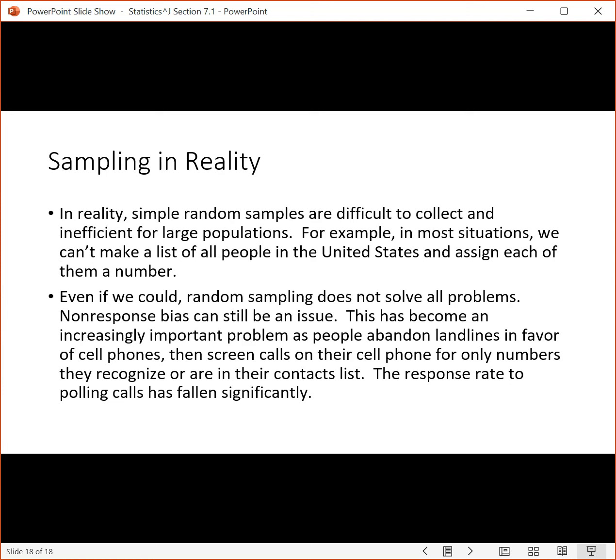Now, the problem is that when you go to contact them in order to get the information from them, if only some of them respond, then suddenly you've got non-response bias that gets in the way of your survey's effectiveness, right? And if only certain people, or people only with certain ideologies, respond, then that can bias your sample.